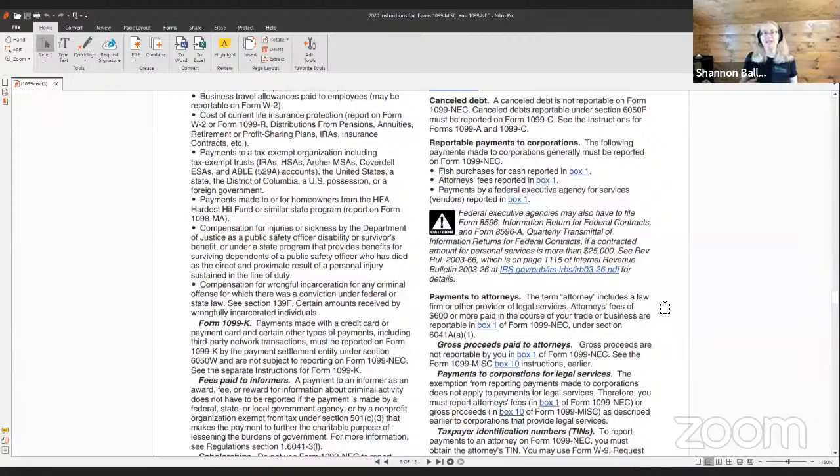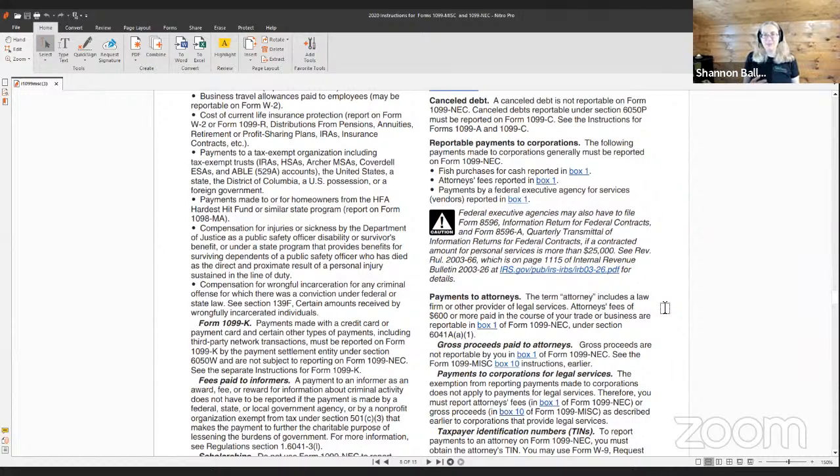And I think the biggest thing that I see happening, at least in the community right now, is there is a ton of misinformation and confusion regarding the 1099-K and what payments get reported there and what we have to report on a 1099 NEC.